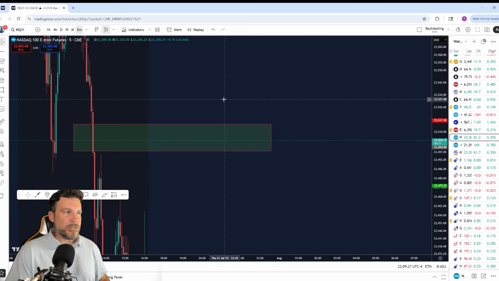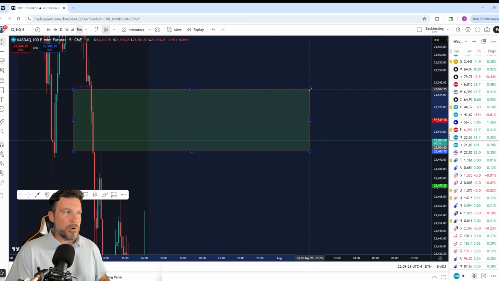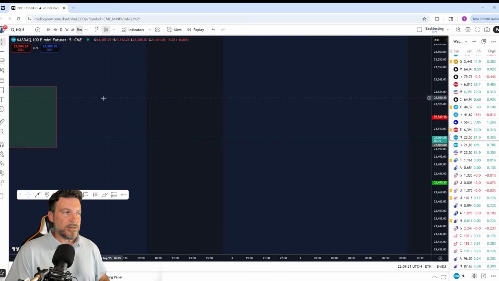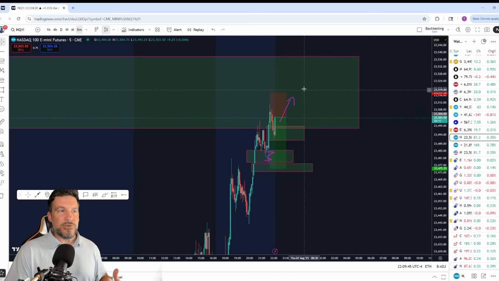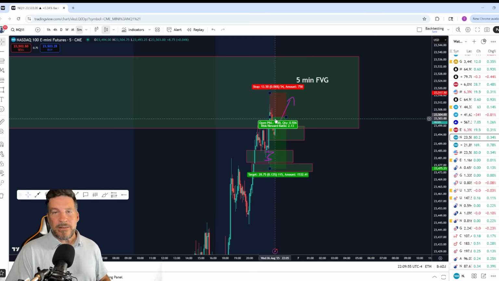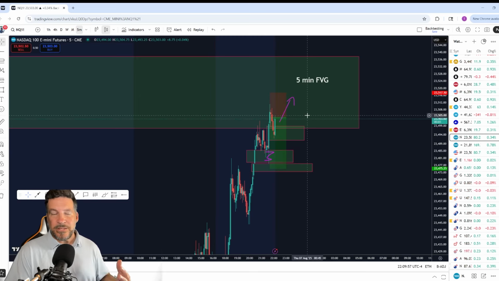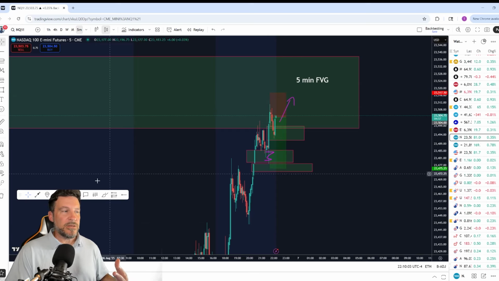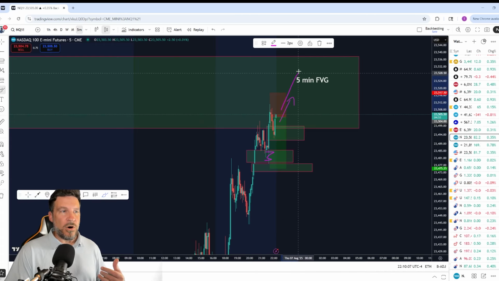There are a couple here that are actually stacked, so I'm going to include both of those. Given that there's this gigantic 5 minute fair value gap above me, I may want to get out of this trade at break even. And this is really how these fair value gaps help me in terms of using draws on liquidity, because price has a good probability that it may draw all the way up to the top of this 5 minute fair value gap.